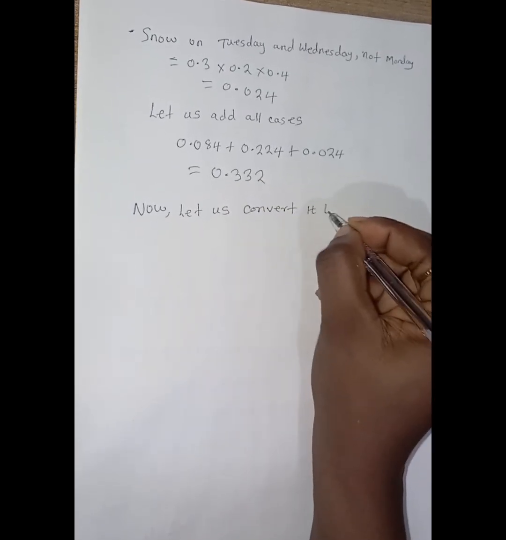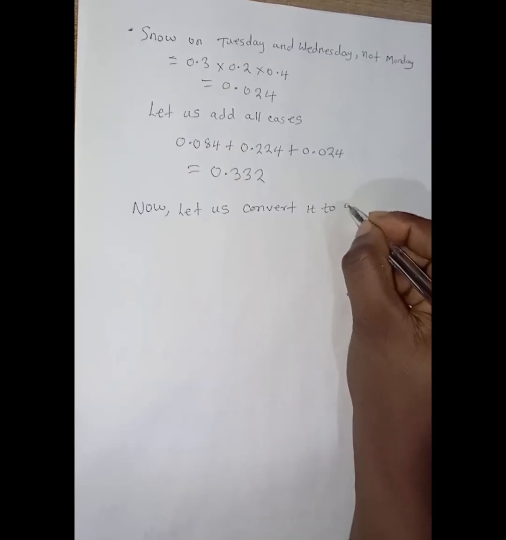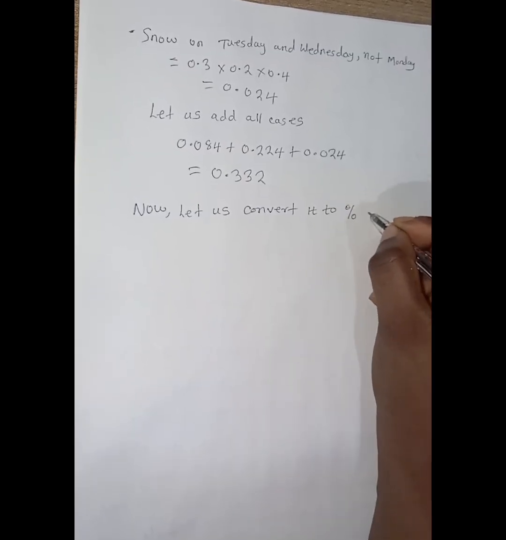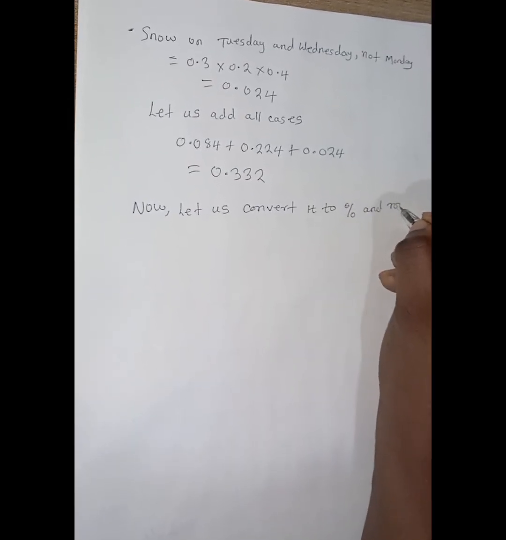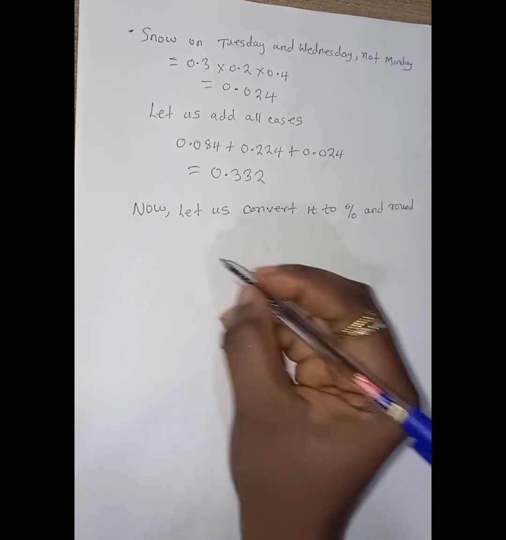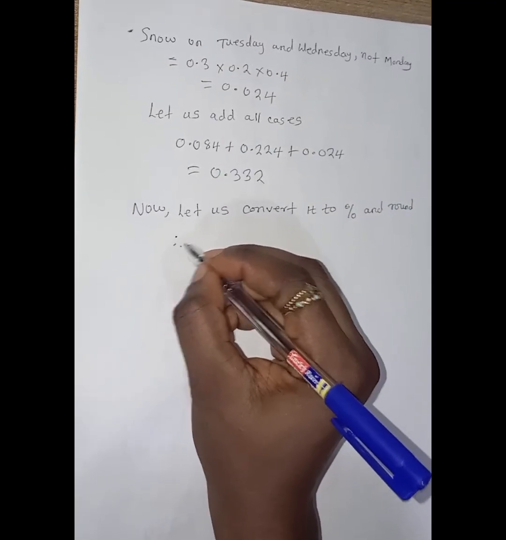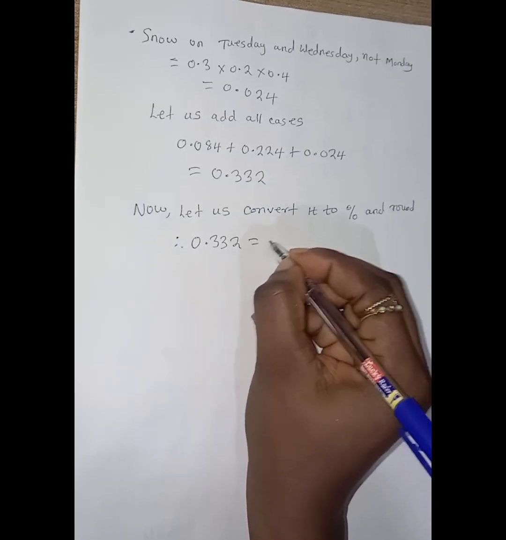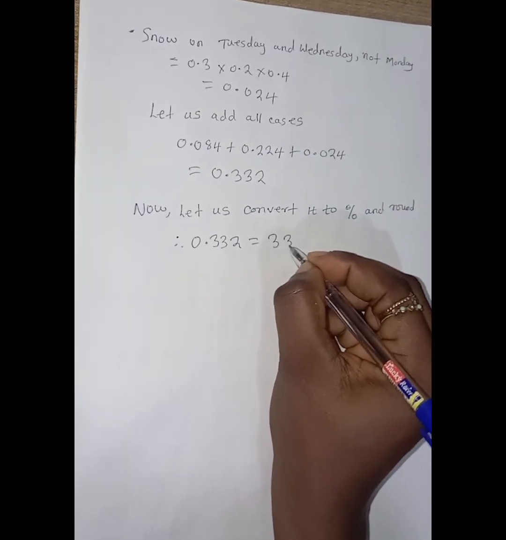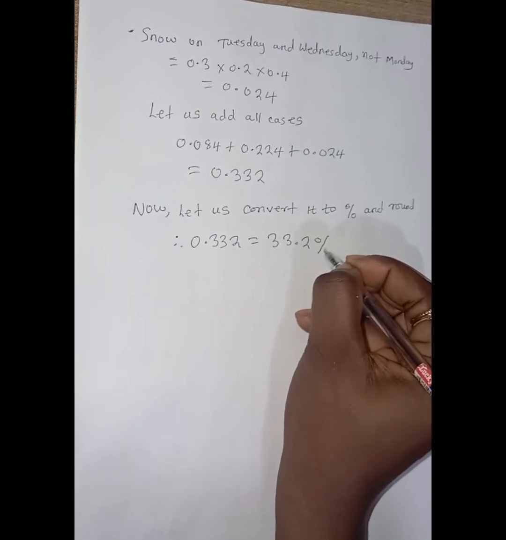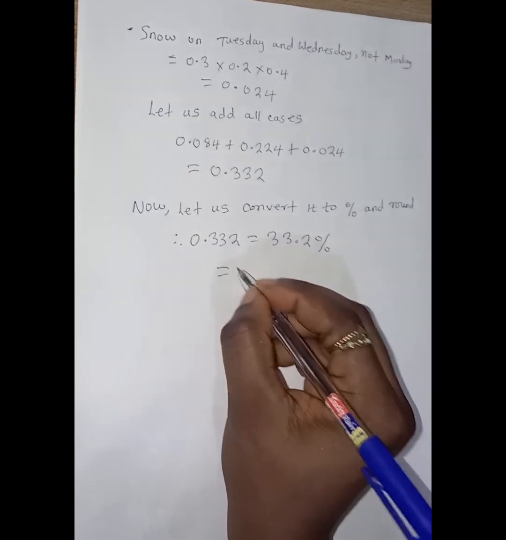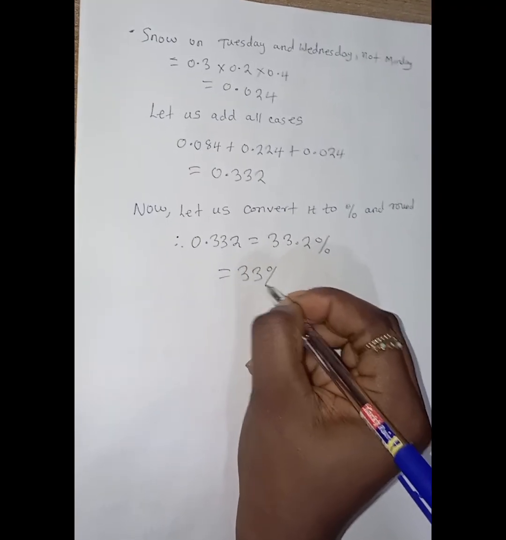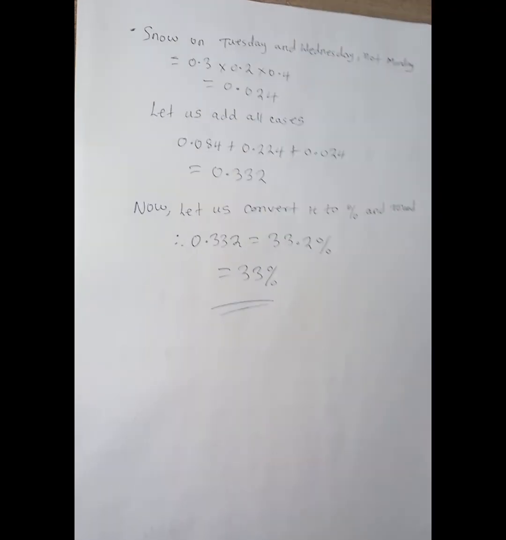So, let us convert it to percentage and then round it to the nearest whole number. 0.332 converting into percentage is equal to 33.2%. Now, rounding into the nearest whole number is 33%. This is our answer.